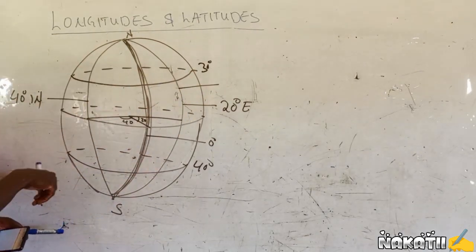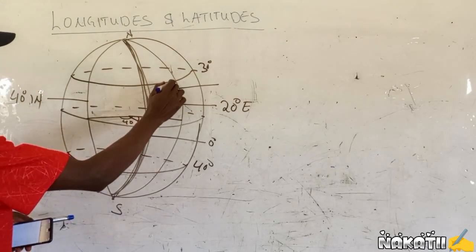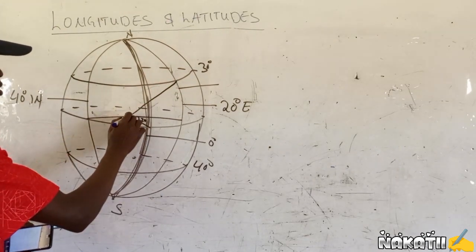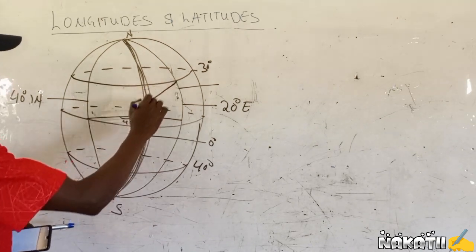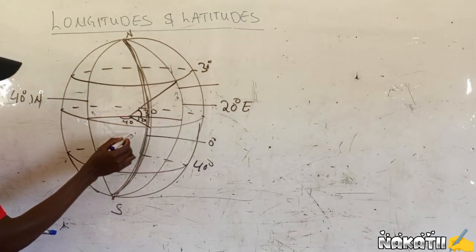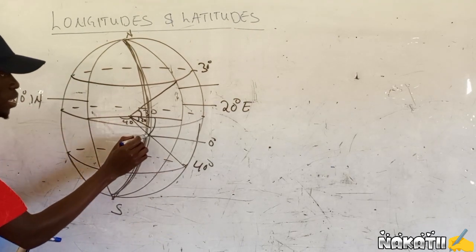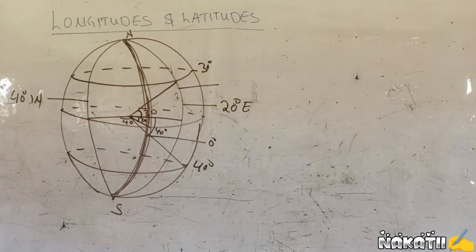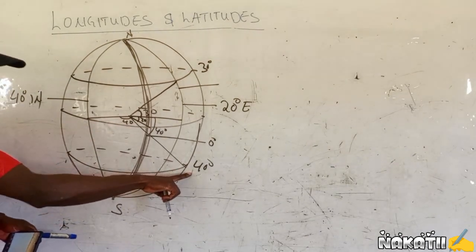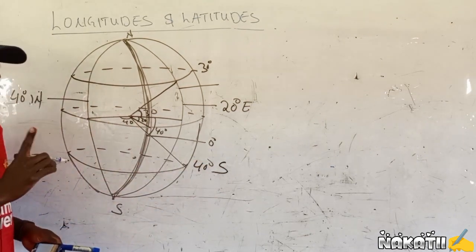When you measure the angle, this is how you measure it. So I'm assuming if you measure this angle here, it is 30 degrees, and when you measure this angle here, you realize it is 40 degrees. Then we say this latitude here is 40 degrees south of the equator.